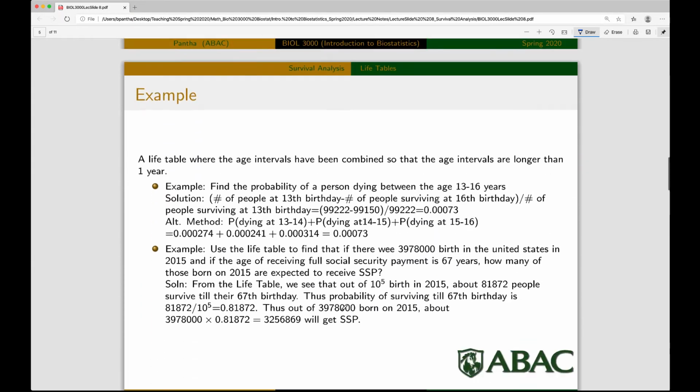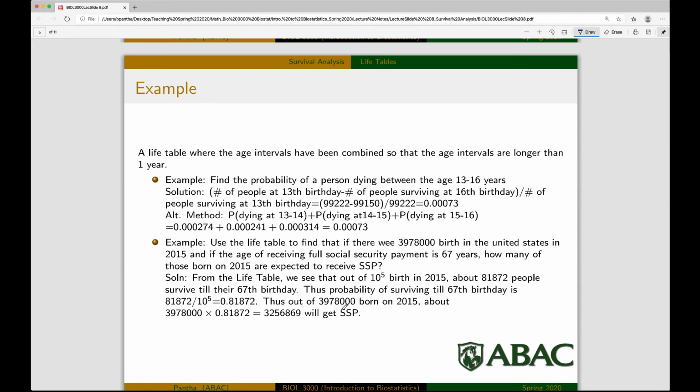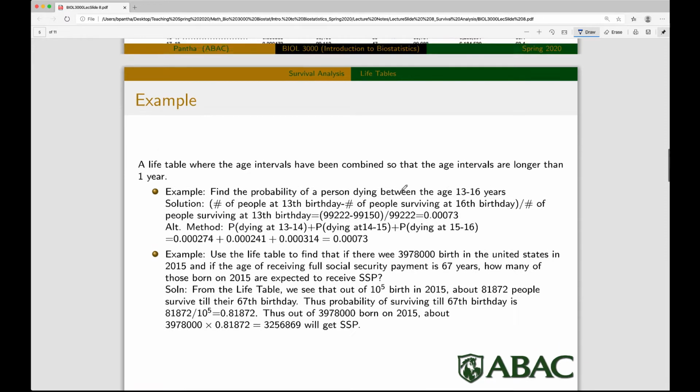Okay, so let us see an example, a life table where the age intervals have been combined so that the age intervals are longer than 1 year. Suppose you want to find out the average life expectancy, or you can say the survival probability, of a group of people that spans more than 1 year.